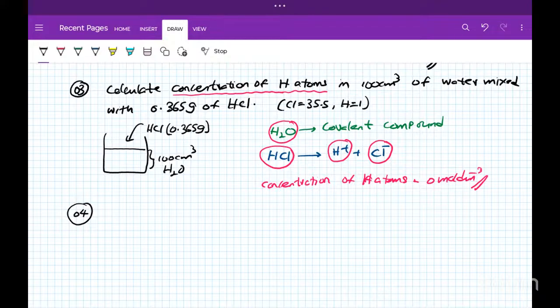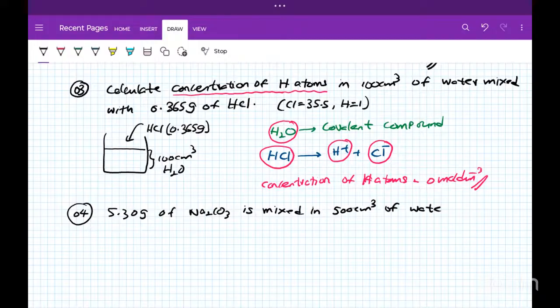Right, next question. Number 4. 5.30 grams of sodium carbonate is mixed in 500 cubic centimeters of water.